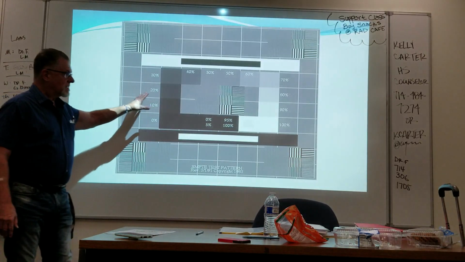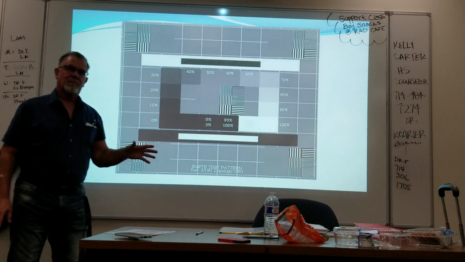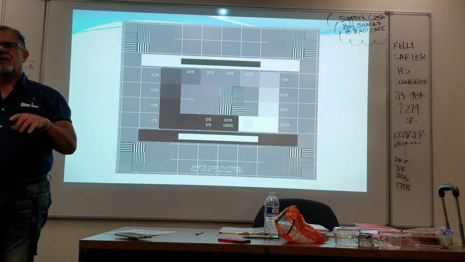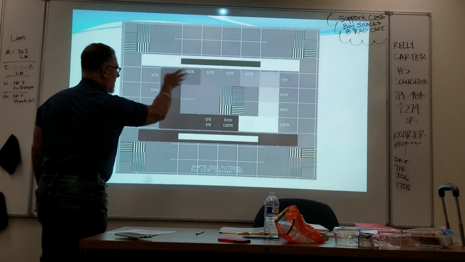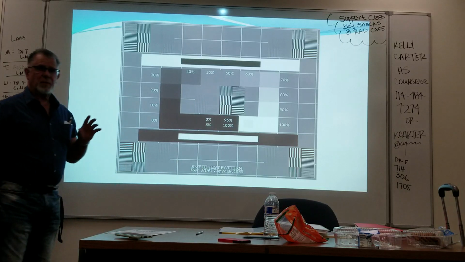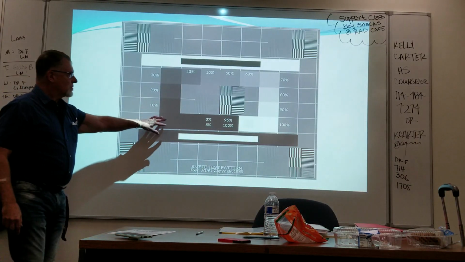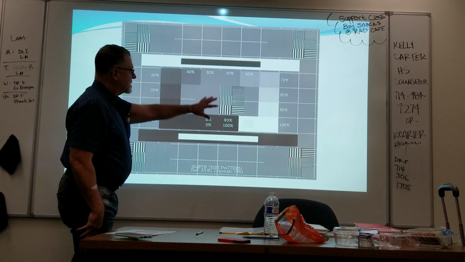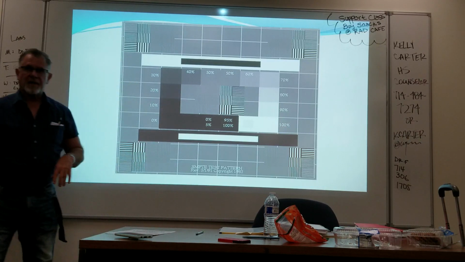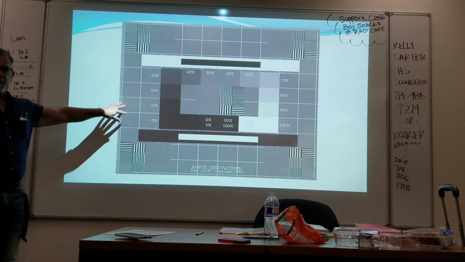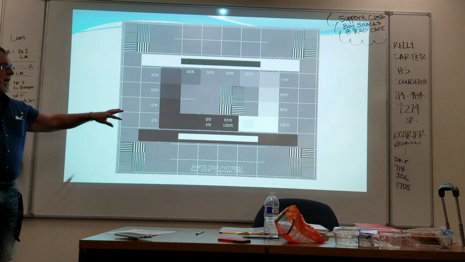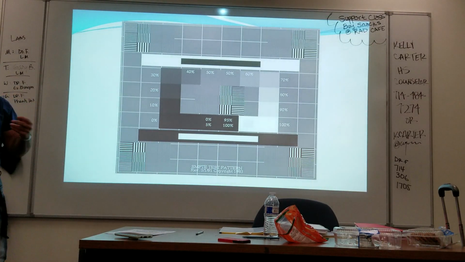It'll take them less than 5 seconds to scan this. If you've ever watched a radiologist read film, they're extremely fast. Their eyes do a raster, and they can pick out whether contrast is what it's supposed to be, the shape, all of that, and then they would go on and read their films. They would indicate that yes, this is acceptable, or no, it's not. If they answered no, then it would have to be recalibrated.